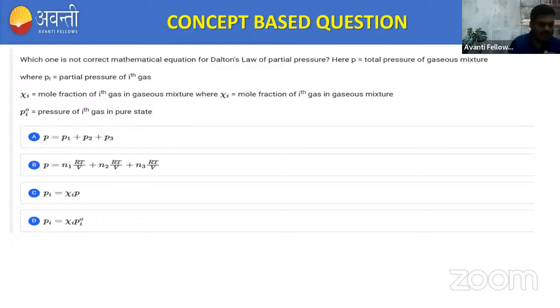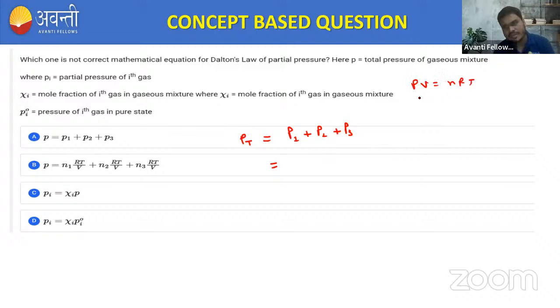ठीक है. So you all know that according to Dalton, the total pressure is the sum of the individual pressures, that is P1 plus P2 plus P3. So this is the definition of Dalton's law, right? Now this P1, P2, P3 further we can write as, because we know that PV is equal to nRT, so P is equal to nRT upon V. So for the first gas, this is n1 into RT upon V, for fixed volume, right?